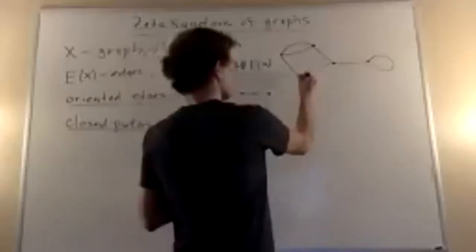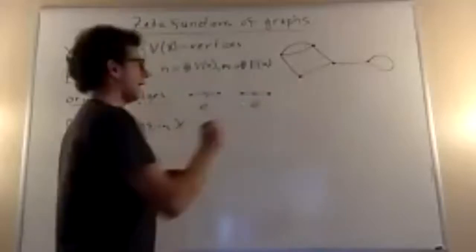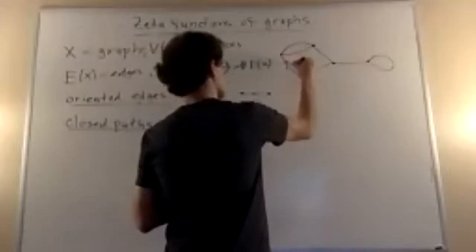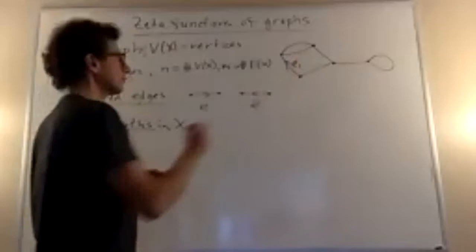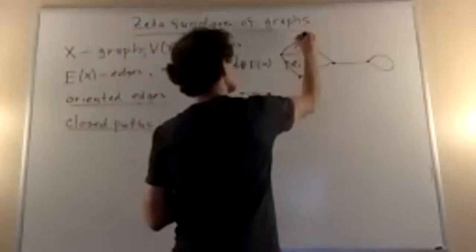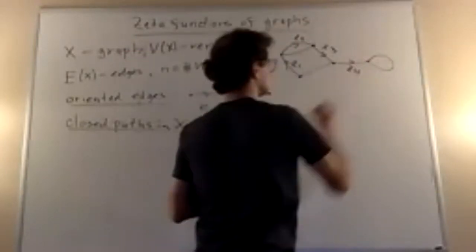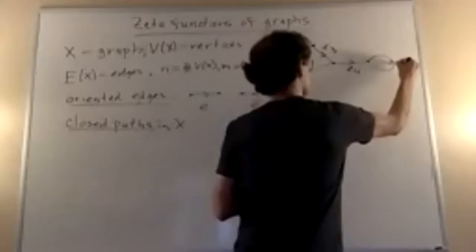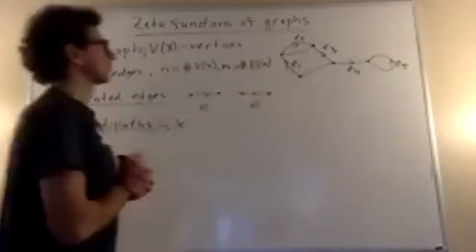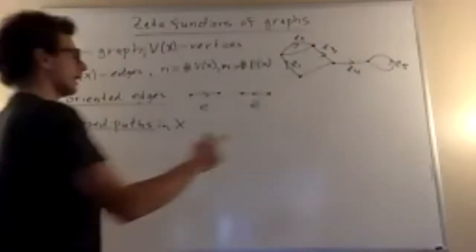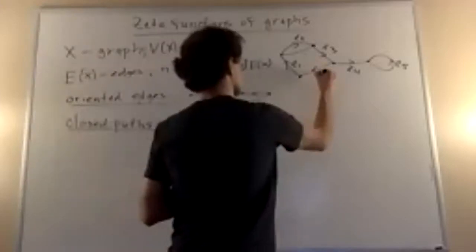So for example, I can start here and then go along here. So let's call this edge E1. And maybe this edge is E2, E3, E4, E5. And I want to end up back here, right? So this edge is going to be E6.